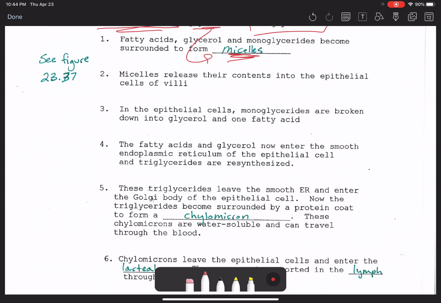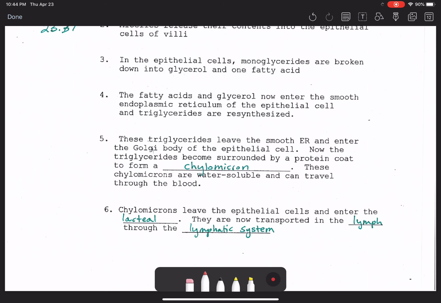And those triglycerides then are going to leave these cells at their basolateral surface, these columnar epithelial cells, in the form of these protein-coated structures called chylomicrons. And chylomicrons, because they're coated with proteins, are more soluble in our bodily fluids. And they're not uploaded onto the blood.